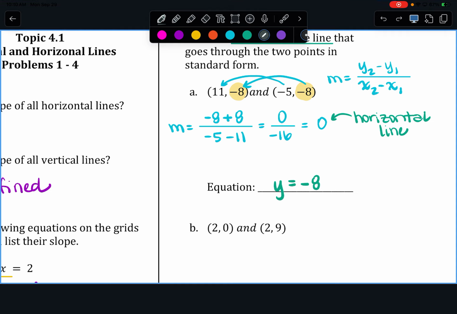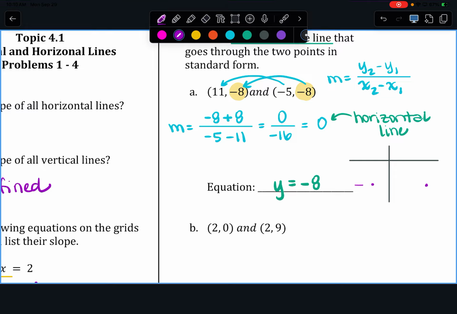You could also, just to give you another little heads up, sketch the graph. You could plot the points and be like, okay, let's see, 11, -8. Let's say that's right here. And -5, -8.